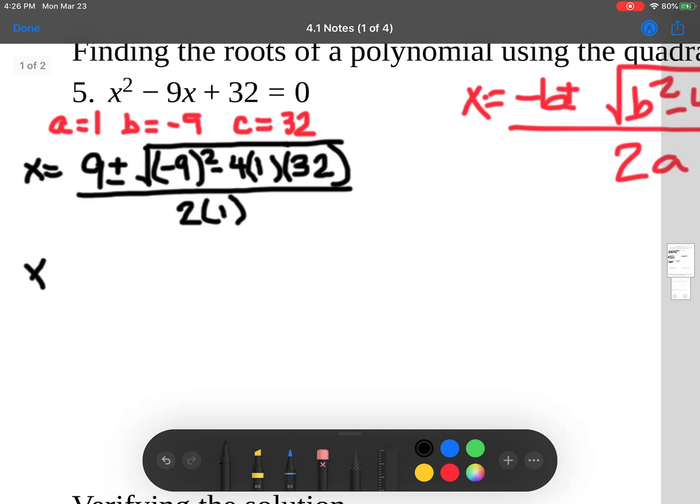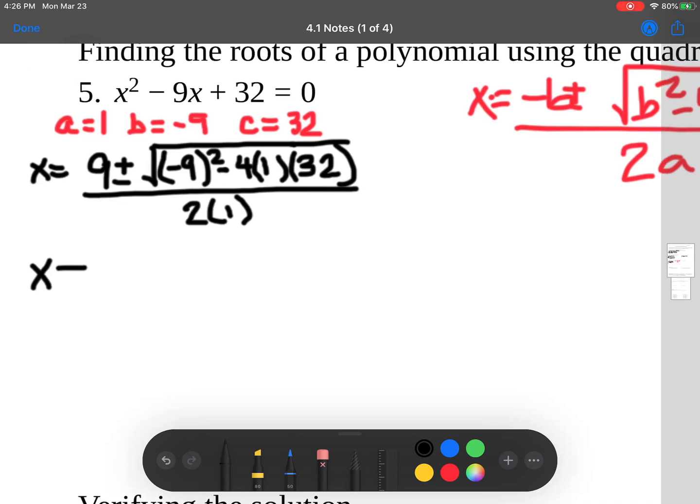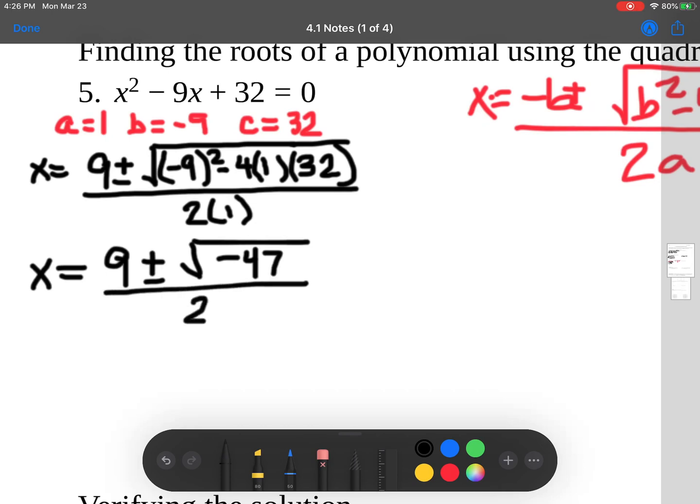So we have x is equal to 9 plus or minus the square root of negative 47, divided by 2. Now, for the purposes of this section, if we take the square root of a negative number, that's going to yield something that we call the imaginary number, or the i unit.